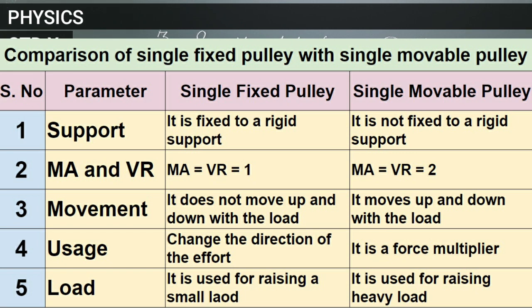When mechanical advantage is more than 1, the machine is used as a force multiplier. When the mechanical advantage is less than 1, it is used as a speed multiplier. Finally, when it comes to the load, a single fixed pulley is usually used for lifting small loads, but a single movable pulley is used for lifting heavy loads because it can be used as a force multiplier.